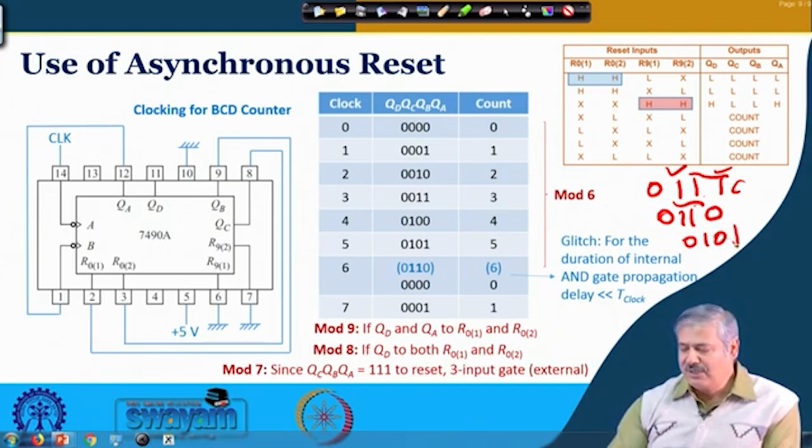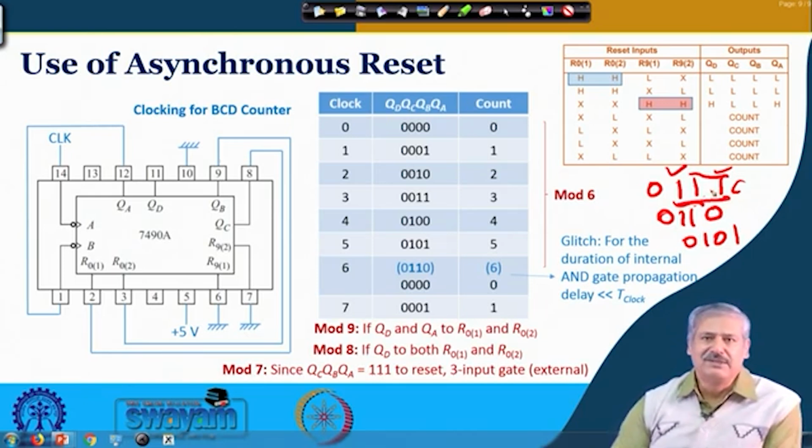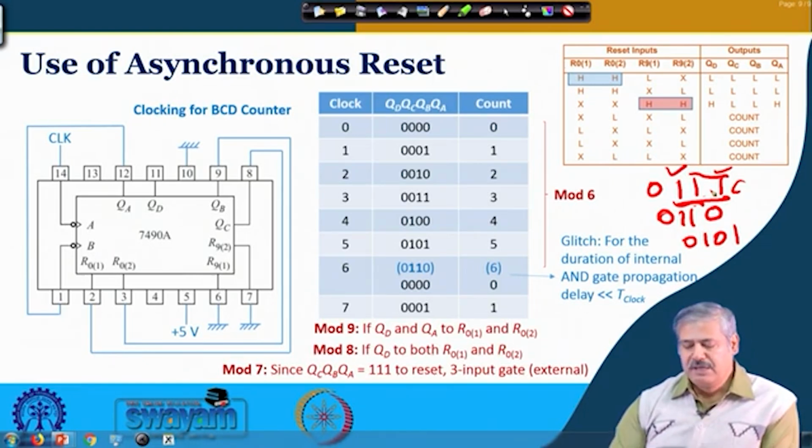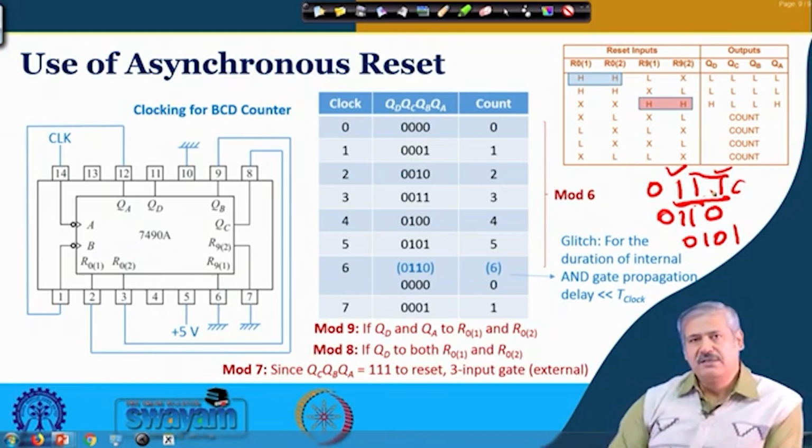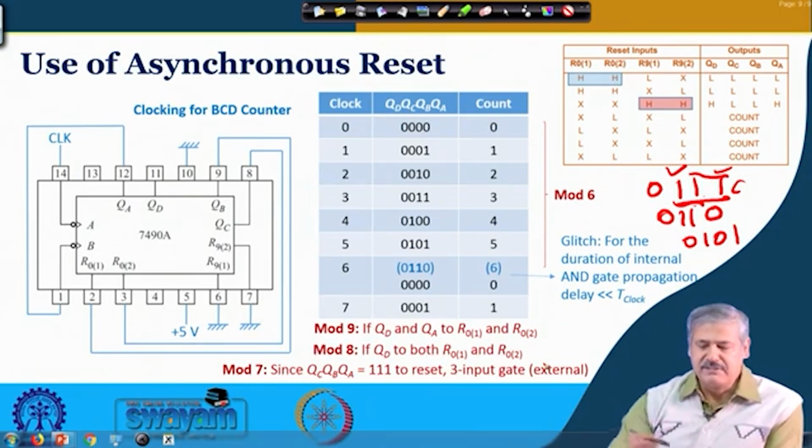So, you need all the 3 inputs QC, QB, QA, for which you will be needing an external gate, okay, in this particular arrangement. Is it fine? Okay. But otherwise, you can see that for the other cases, we are having this other modulo number obtained by just connecting wires in this manner.